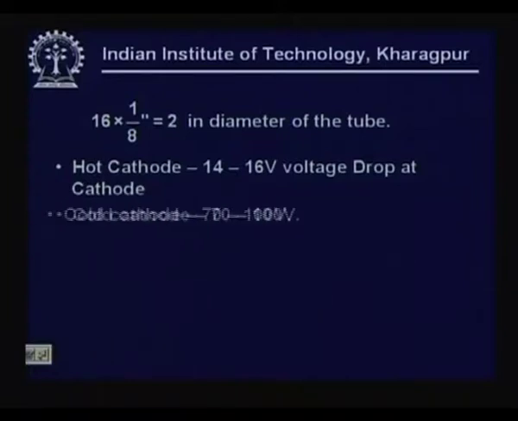And we have also said, therefore, fluorescent lamps could be of two categories, one which depends on thermionic emission, called hot cathodes, and they have a small drop at the ends or at the cathode of the order of 14 to 16 volts, whereas if we had a cold cathode there would be a large drop.